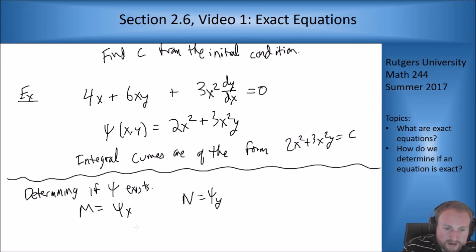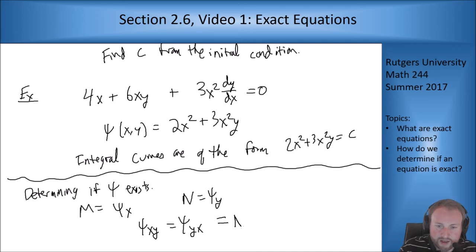So I know that I need to have psi xy equals psi yx. But psi yx is just N sub x, the partial derivative of N with respect to x, and psi xy is just M sub y, the partial derivative of M in the y direction. So these two must be equal if the function psi is to exist.